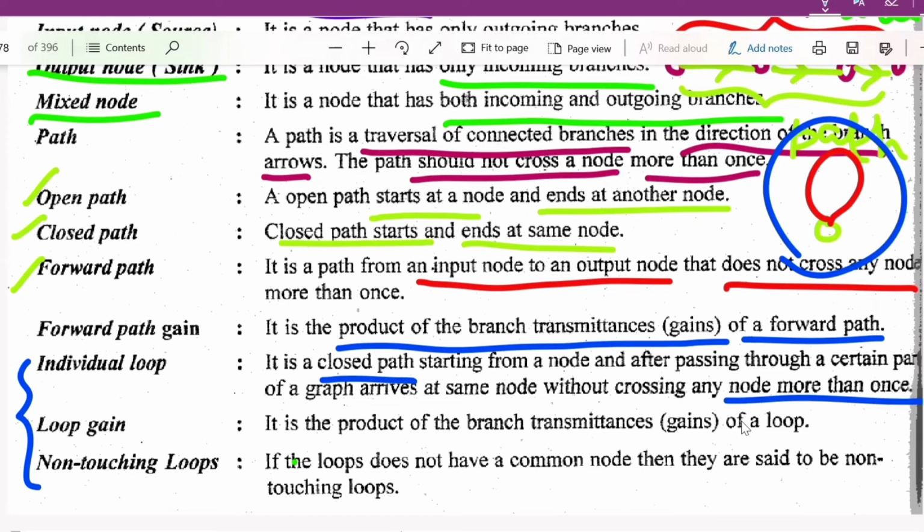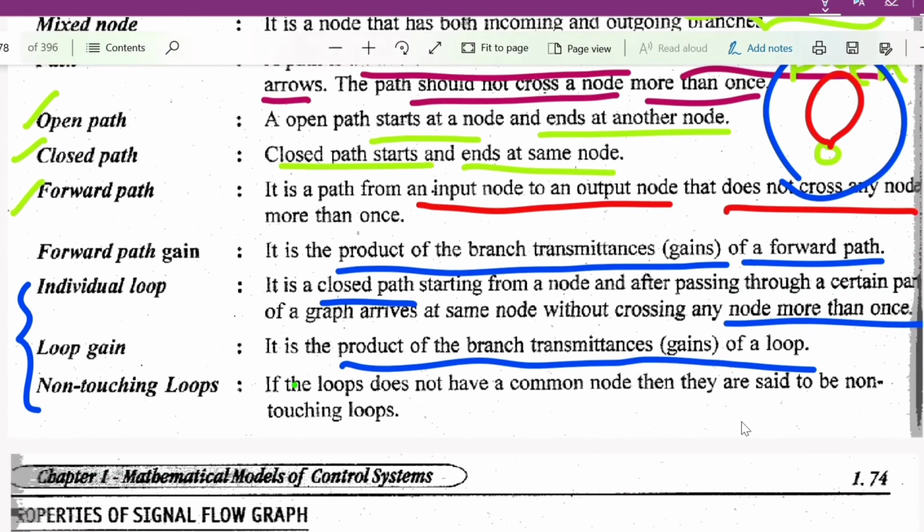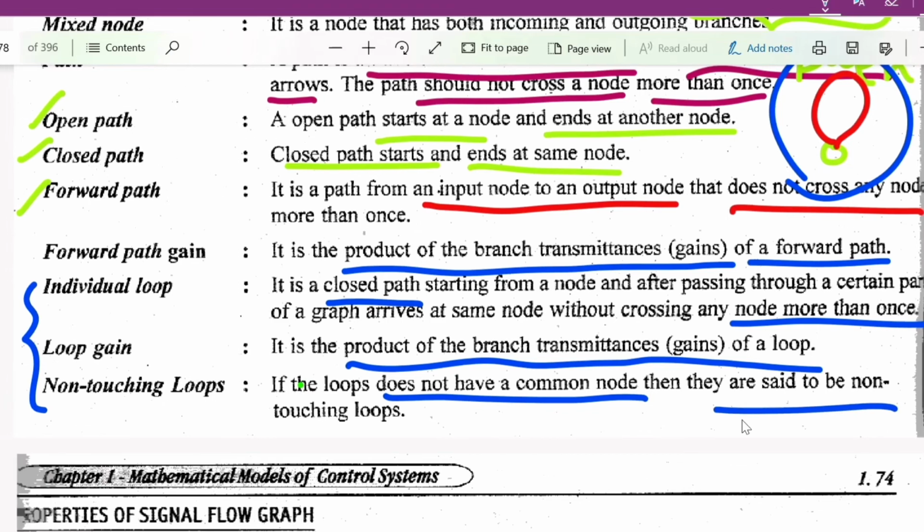Then loop gain is the product of branch transmittance gains of a loop. Then the last one, non-touching loops. See, if the loops do not have a common node, then they are said to be non-touching loops.